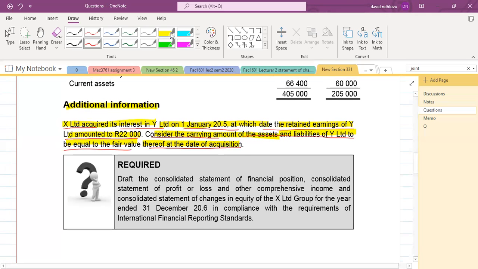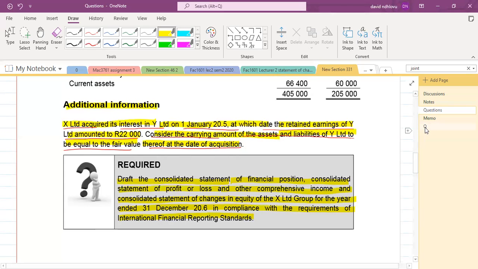What we want from the question: draft the consolidated statement of financial position, consolidated statement of profit and loss and other comprehensive income, and consolidated statement of changes in equity of XY Limited Group for the year ended 31 December 2026 in compliance with the requirements of the International Financial Reporting Standards.